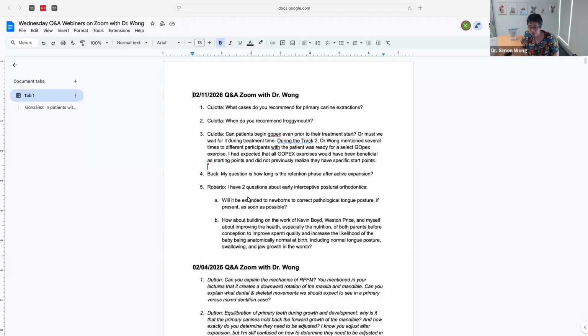Serial extractions are done under the premise that the mandibular arch width is predetermined and that there's either room for the teeth or there's no room for the teeth. And it's a genetic expression of the maximum potential for that child.